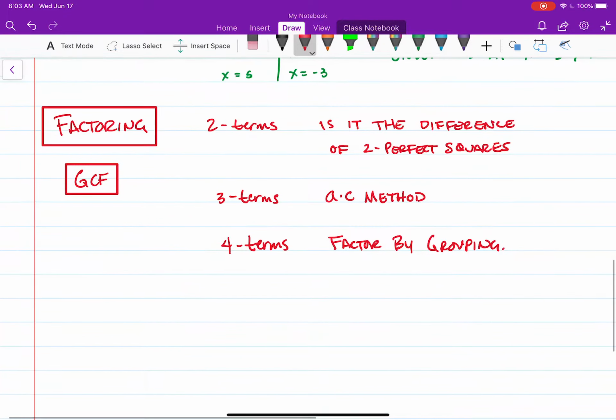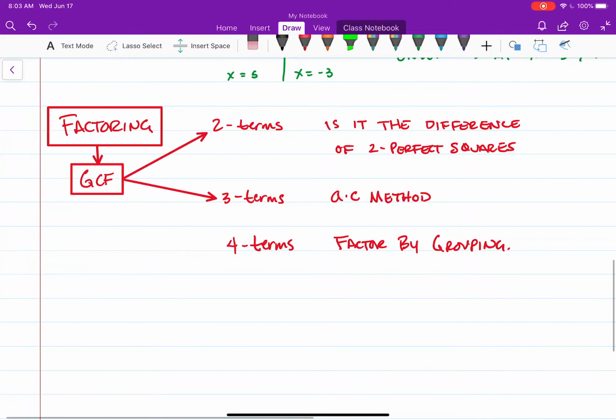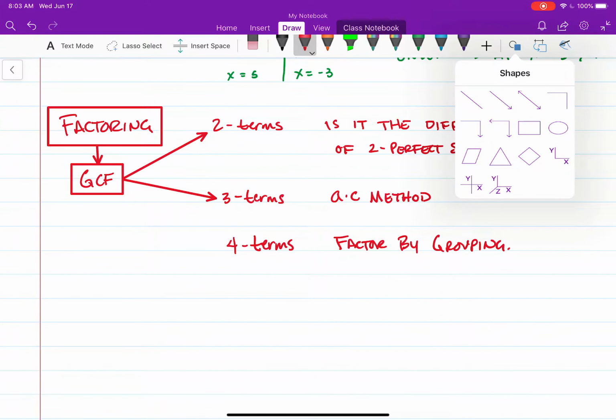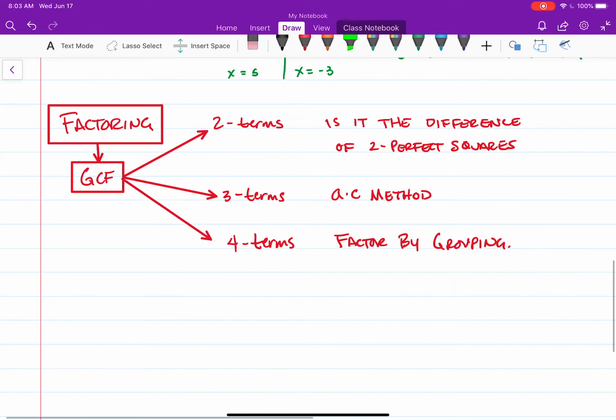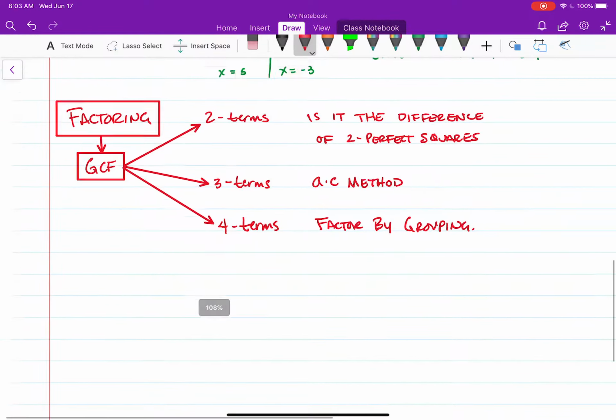So all of these things could happen. But again, with factoring we first do the GCF, then 2 terms, 3 terms, or 4 terms.